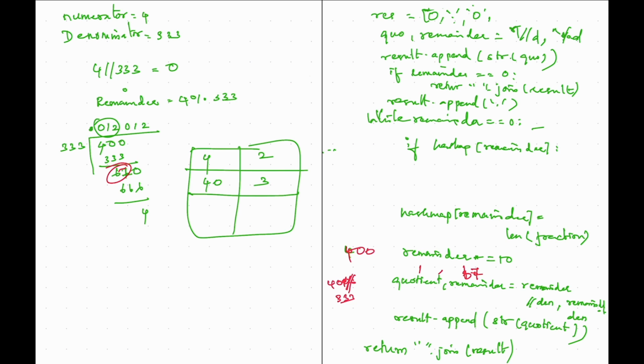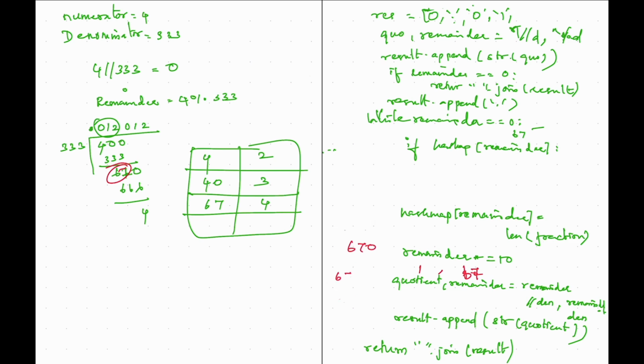Okay. So now the result gets updated with 1, the quotient. Now again it will check whether 67 is present in the hash map. No, so it will get updated, 67 with 4. Okay. Now 67 multiplied by 10 will give you 670.